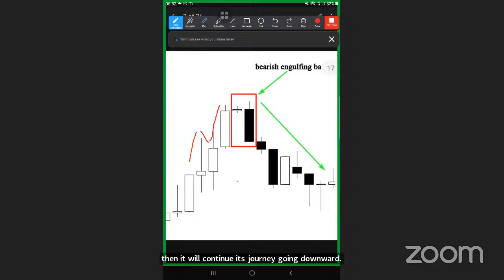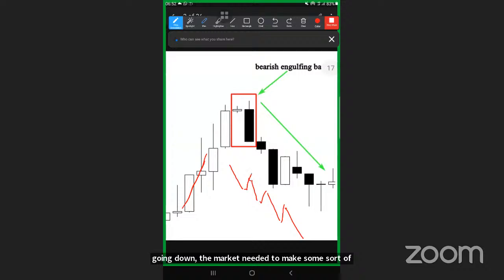If the market was going down, on its way downward, for it to retrace it will retrace a little bit up, then continue going down. The journey is a downward journey, or the journey is an upward journey. But in the process of going up or going down, the market needs to make some sort of pullbacks.